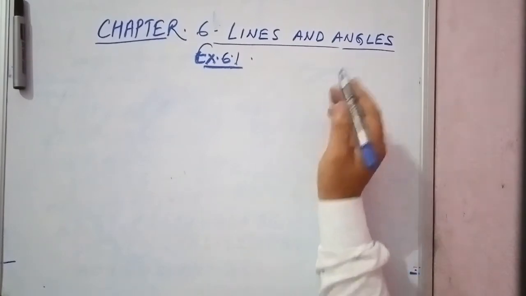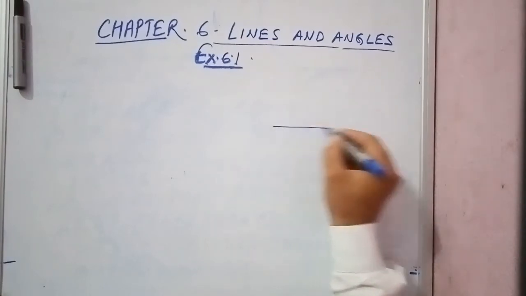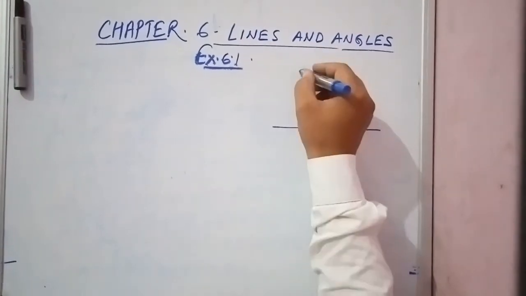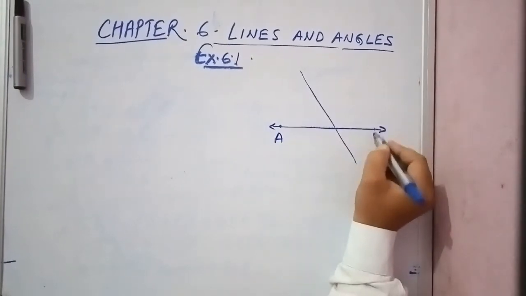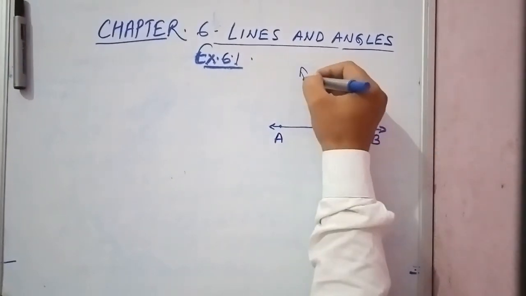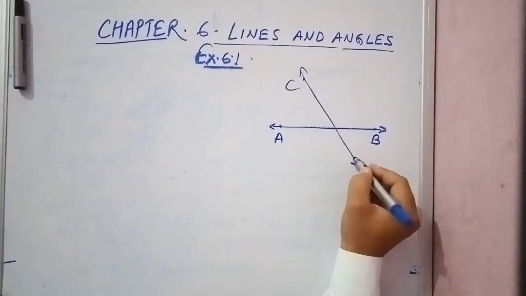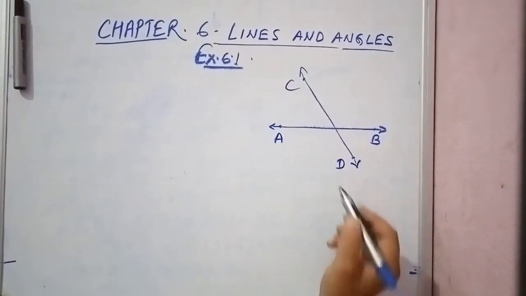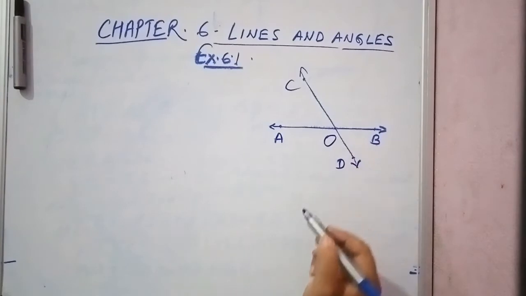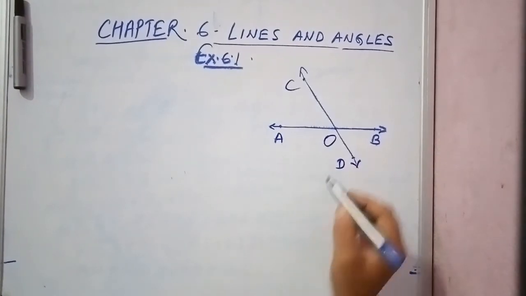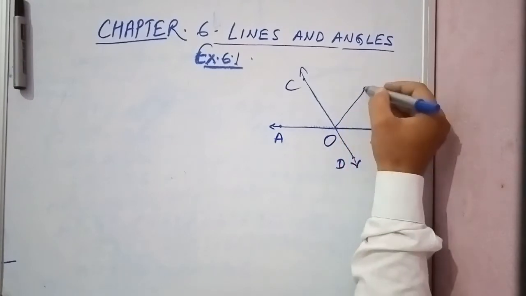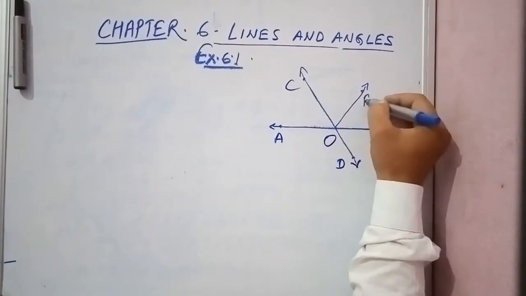Here a figure is given. Line AB and another line, CD, intersect at O. Here one more ray is given, OE.